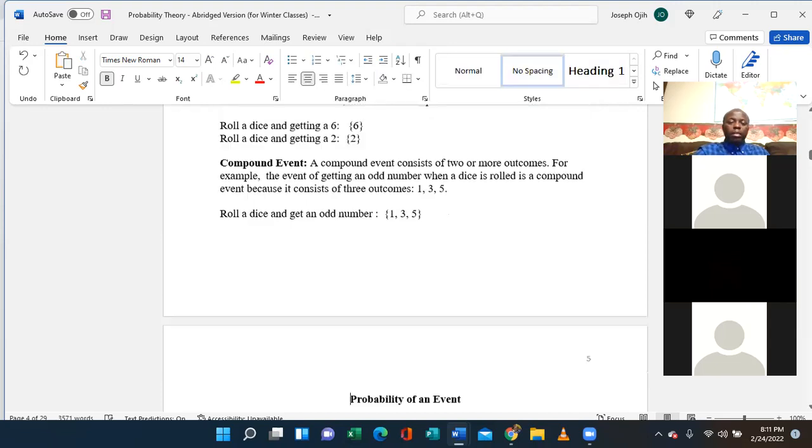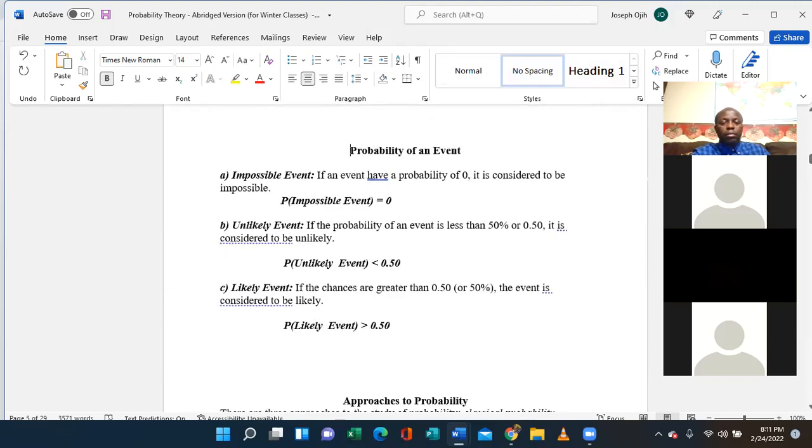Now we can look at a different explanation of the probability of an event. If the event has a probability of 0, that means it is impossible. I've already said that at the beginning. Events that are unlikely have a probability less than 0.5, which is less than 50%.